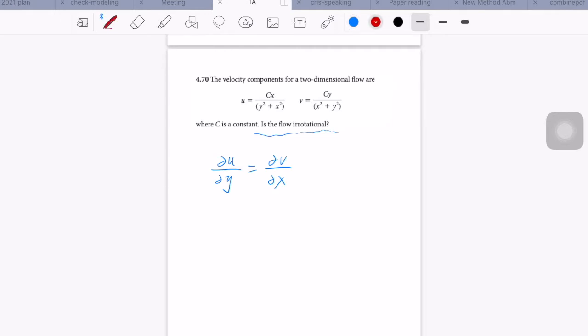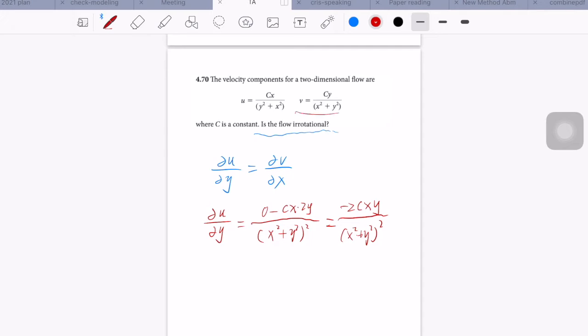And from the problem, we know that the partial derivative of u with respect to y should be equal to 0 minus cx times 2y divided by x squared plus y squared. So that is equal to minus 2cxy divided by x squared plus y squared.